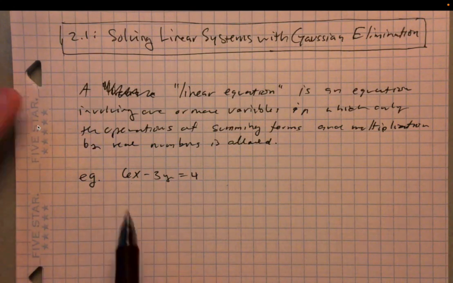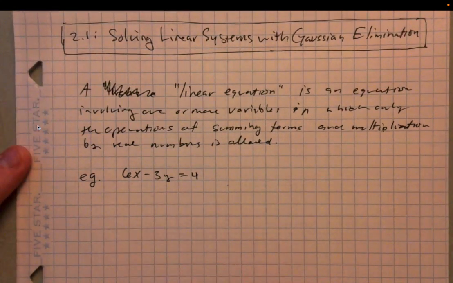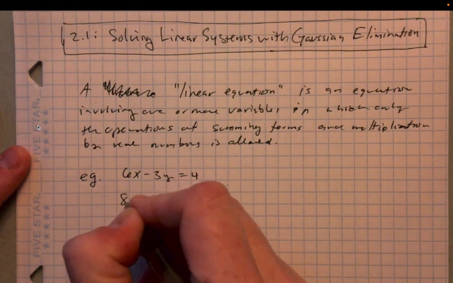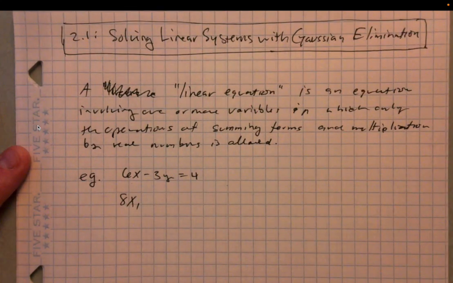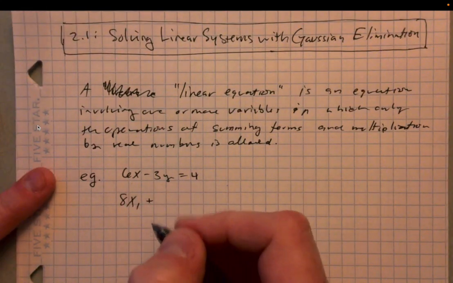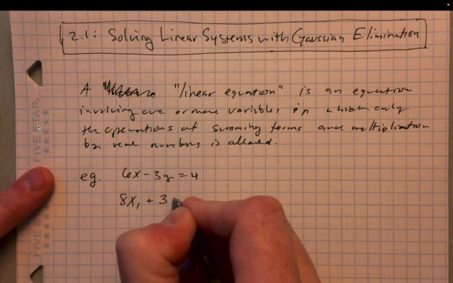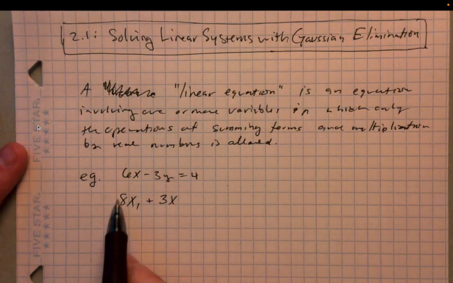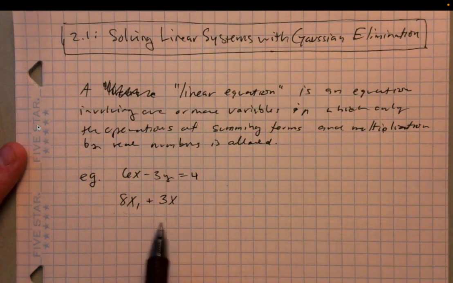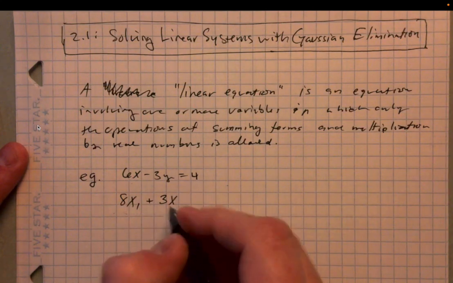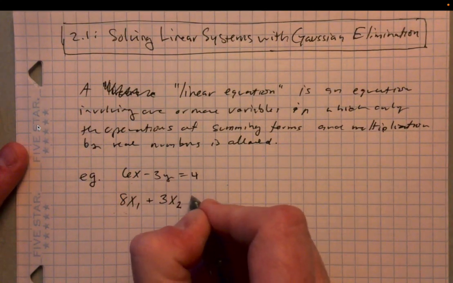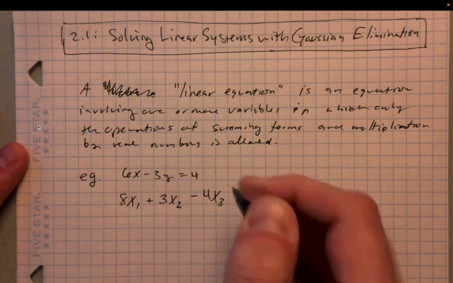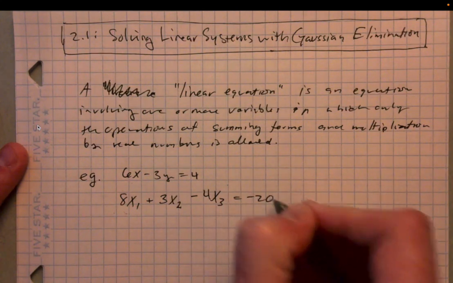Okay, here's an example using the familiar x and y, but as we move into this section, we'll be shifting, not exclusively, but predominantly, to a notation of variables that are x's with subscripts. So 8x1 plus 3x2 minus 4x3 equals negative 20 would be an example.